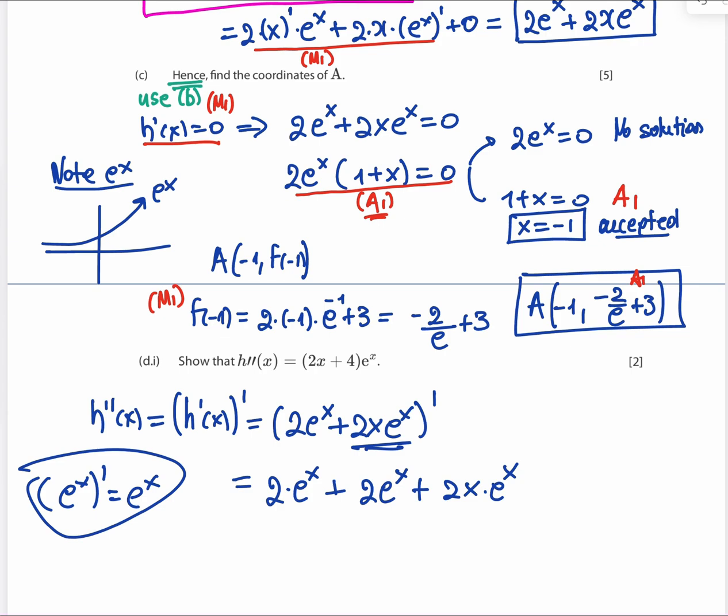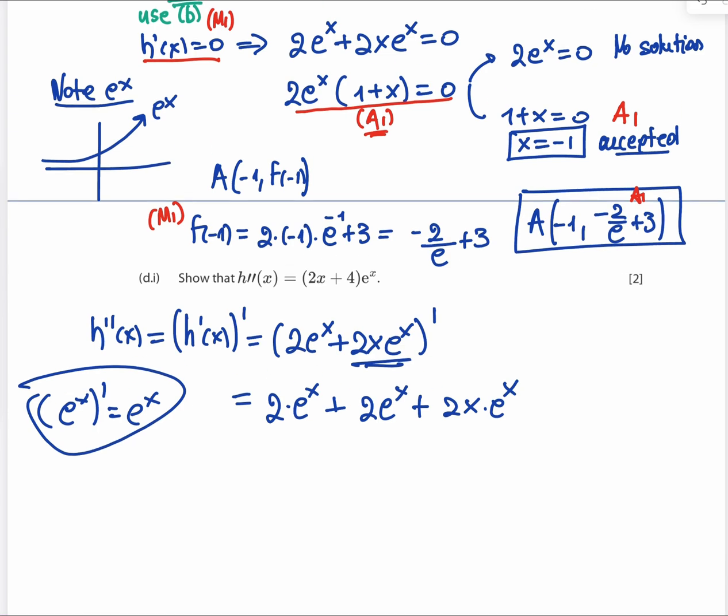And if we see what we actually have here, we're going to have 2e to the power of x plus another 2e to the power of x. That would give us 4e to the power of x plus 2x times e to the power of x.